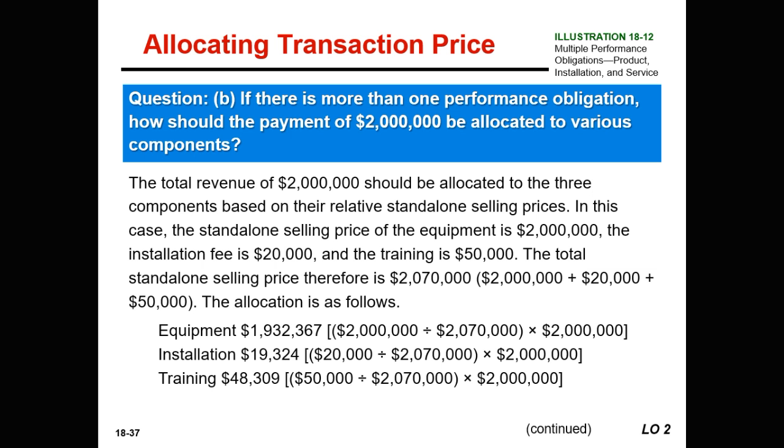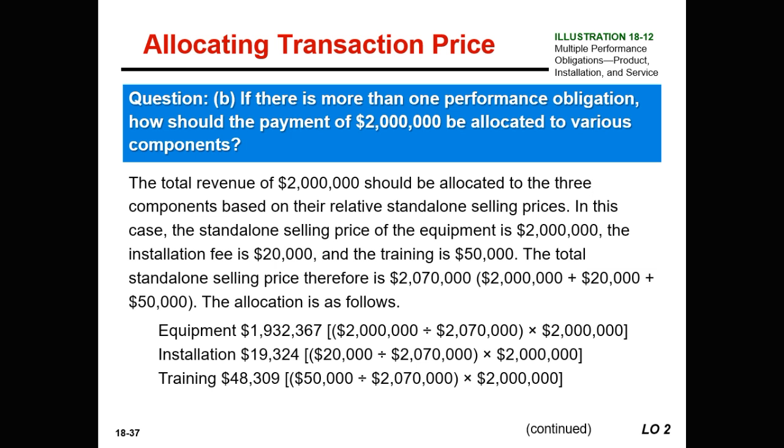So we have the selling price of the equipment at $2 million, the installation fee of $20,000, and the training at $50,000. So the total standalone selling price, if we sold each of the components on their own, would be $2,070,000.